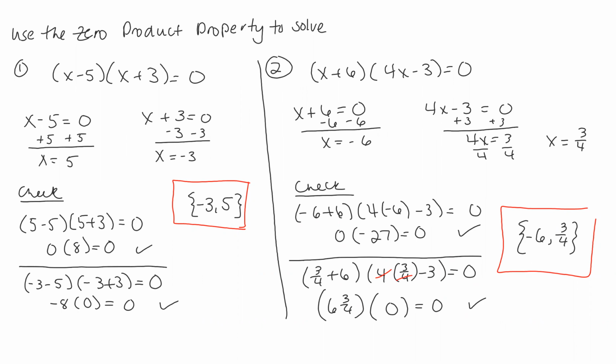Okay. Now, from here on out, we're going to look at quadratic equations and how to solve them. So, steps to solve. The first thing we have to do is make sure our equation is in standard form, okay?